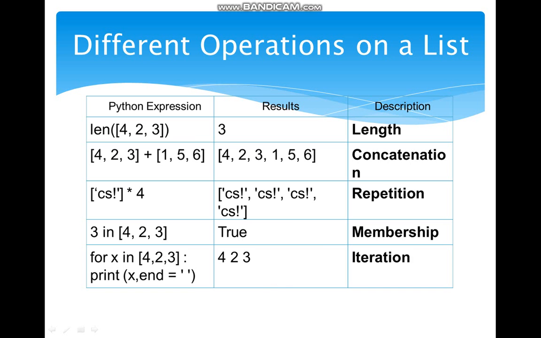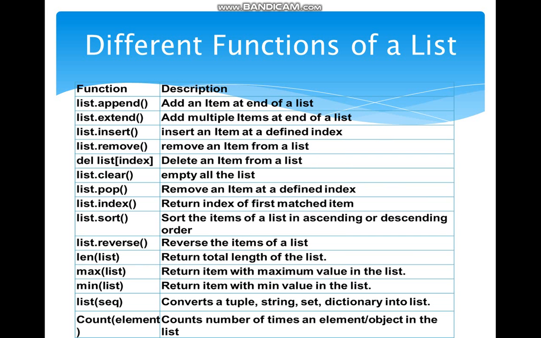So these were the operations that we can perform on a list. So let's see some more. These are the functions that we perform on a list, right? As you can see on the screen, there is a variety of functions that we can perform on a list.